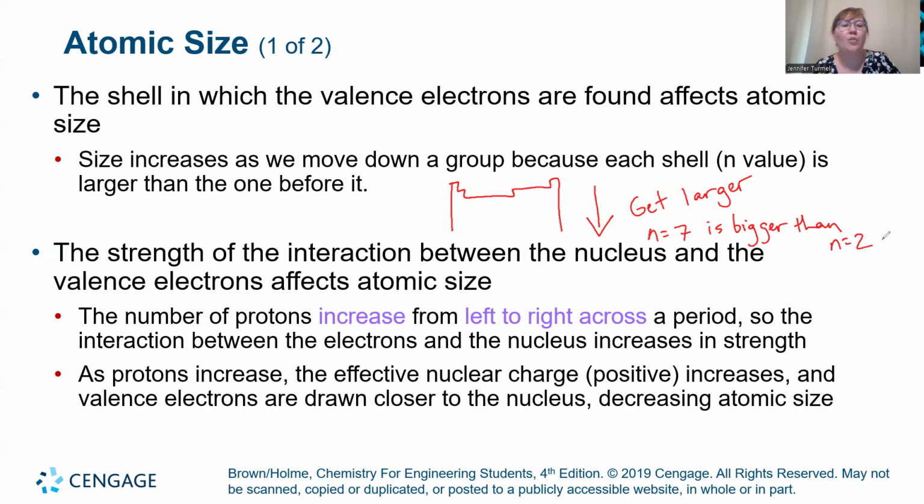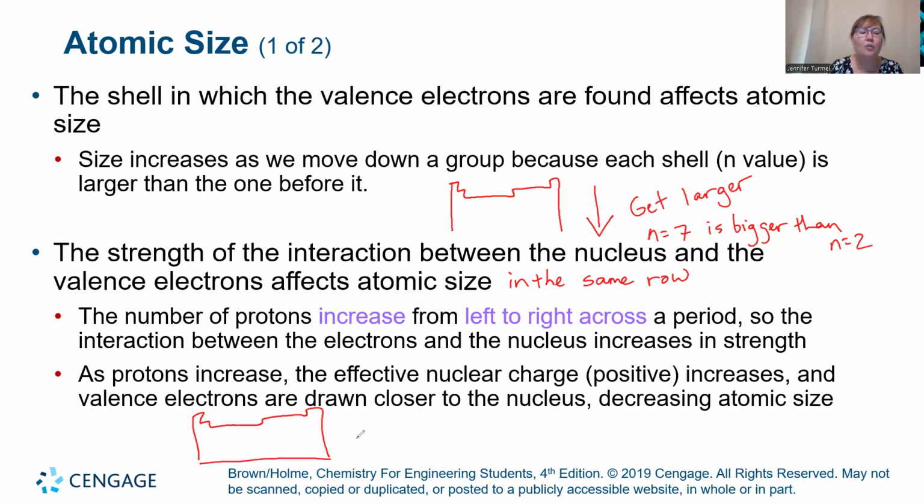Okay. Now, the strength of the interaction between the nucleus and the valence electrons affects atomic size across the same row. So basically what happens is in a row, we're adding protons as we move across our periodic table. Here's my very funny periodic table here.